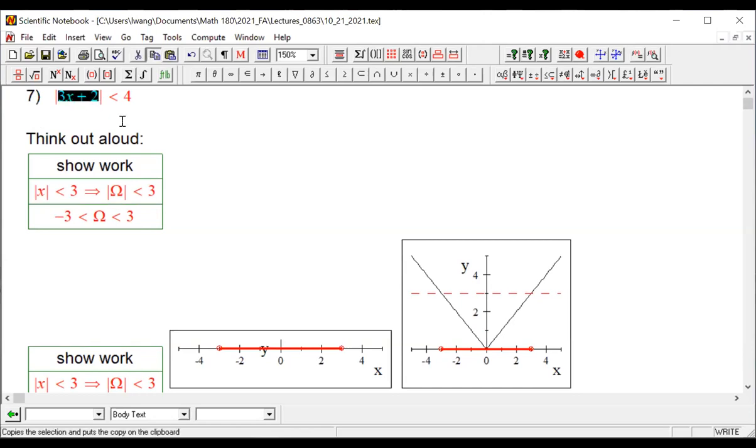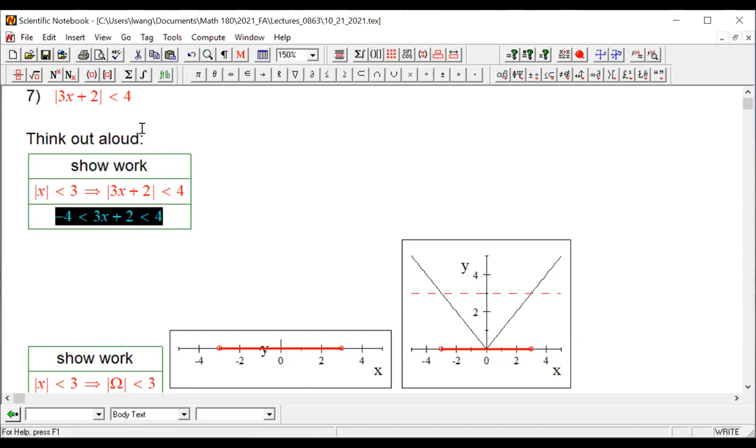Omega is 3x plus 2, and 4, this turns into 4. So this is omega between -4 and +4. This will be the first step you set up for your inequality. Guess what? Your professor loves to see the next step, if you can make it that way, if you understand what you're doing.